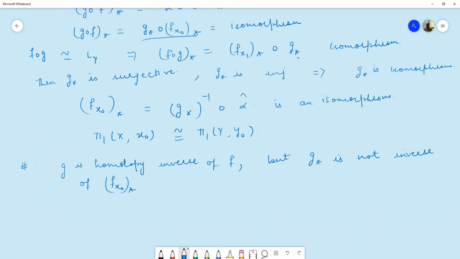We have proved basically that F_x0 star is G star inverse circle alpha cap. So from this we can say that G star and F_x0 star are not inverses of each other.